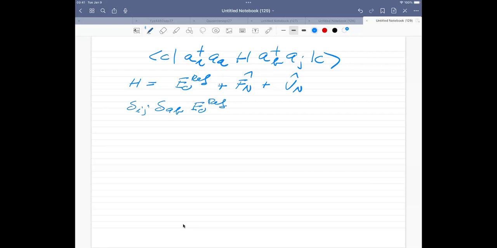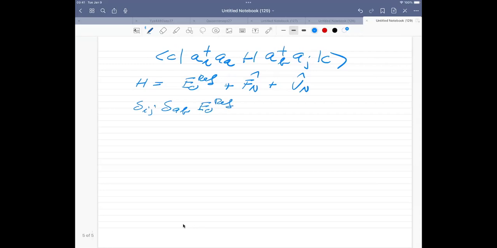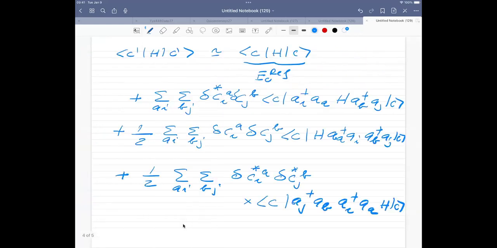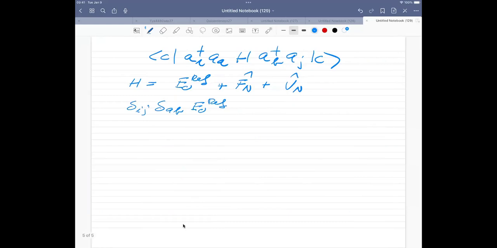And now we have to remember that we have to multiply that with these coefficients. So let's just leave these coefficients out and look at the calculation of these transition elements. So this will be the first term.